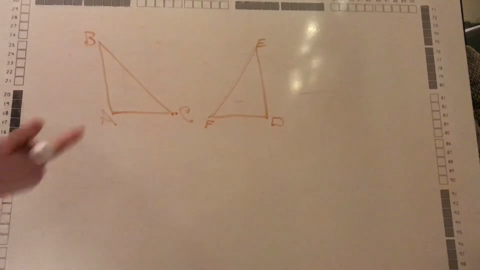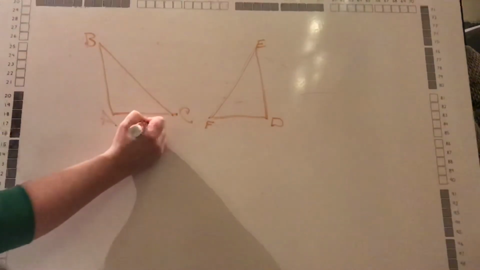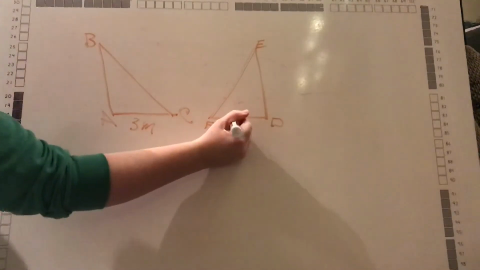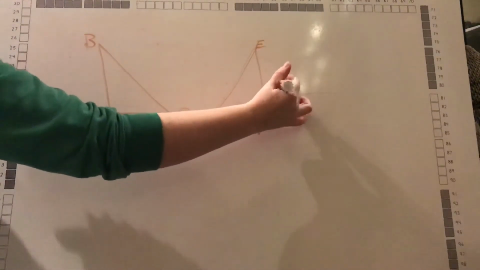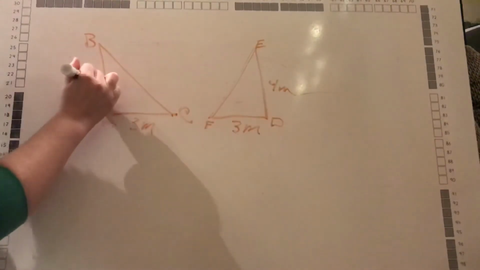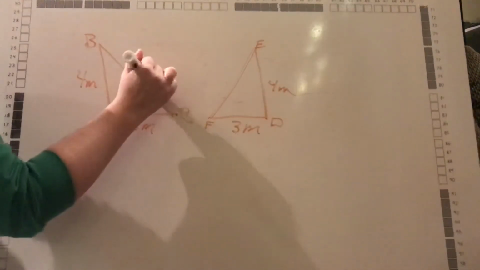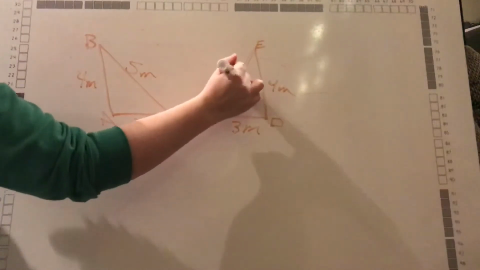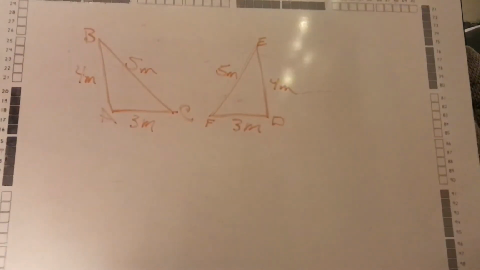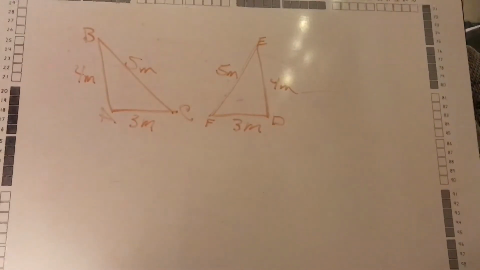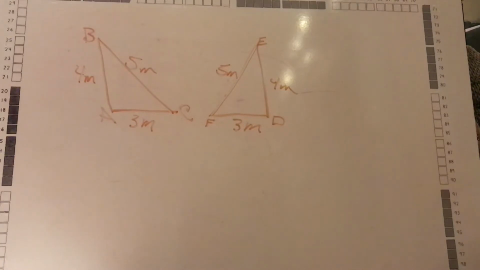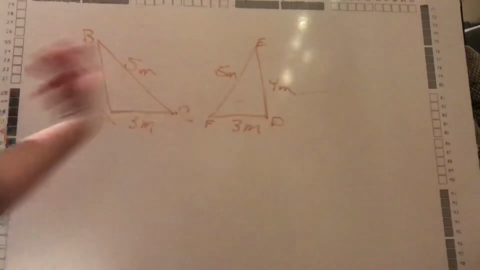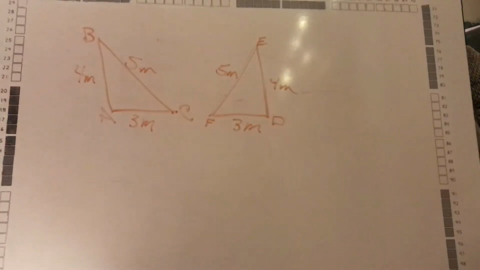Over here, 3 meters, 3 meters, 4 meters, 4 meters, 5 meters, 5 meters. Now they want to know whether the triangles are congruent. Well, you can tell just by looking at them that they would be congruent. You would just flip this one over and it would fit on top of that.